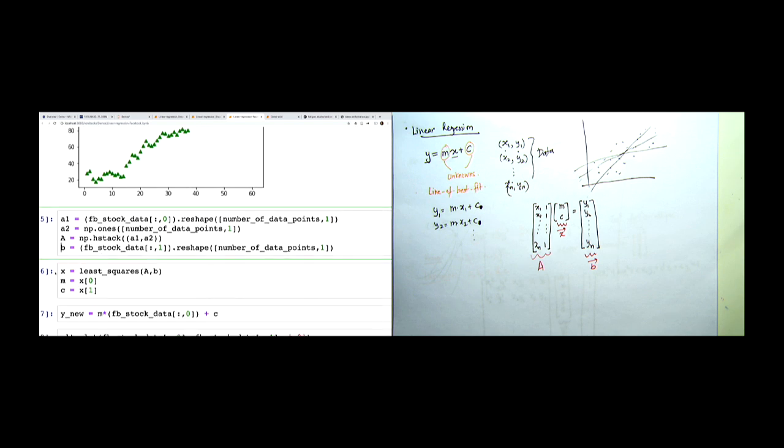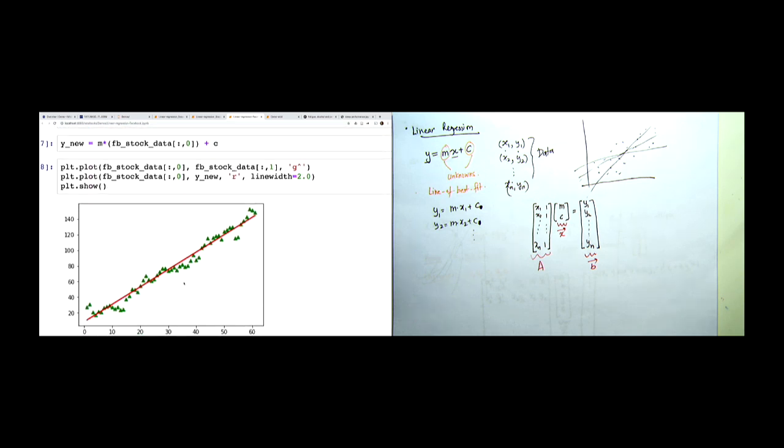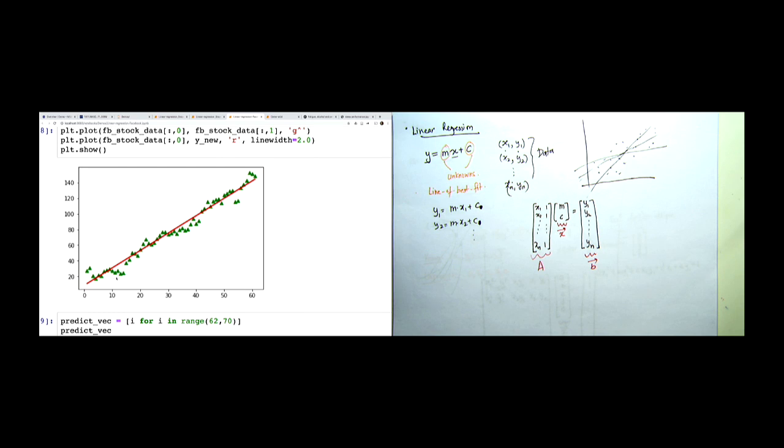Then I can call least squares on this, and I can say, well, now if I want to figure out what this line is, I'm going to take the m and the c that my least squares algorithm recovered and plot this line. And this is the line of best fit I get.